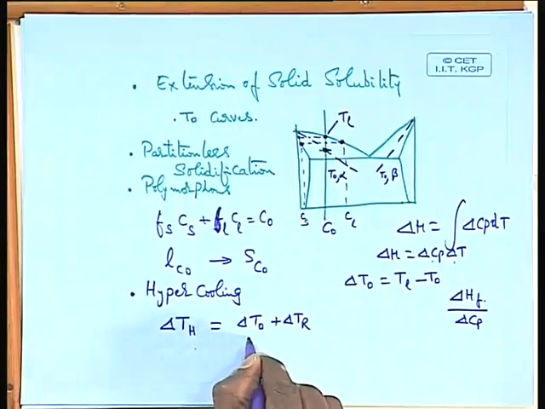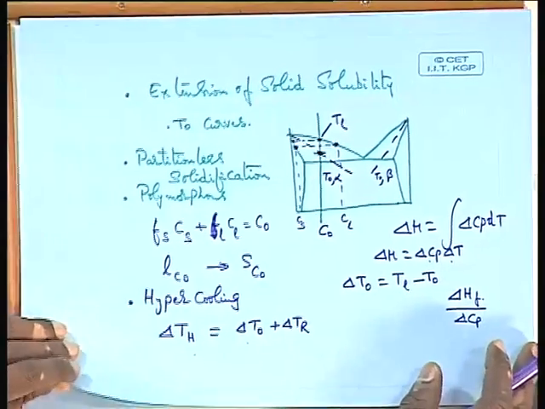As a result, you need to be below the T naught temperature for that particular composition even after the recalescence has occurred. So if you want to make sure that this happens, the difference between these two must also be considered, and the total undercooling is equivalent to these two.